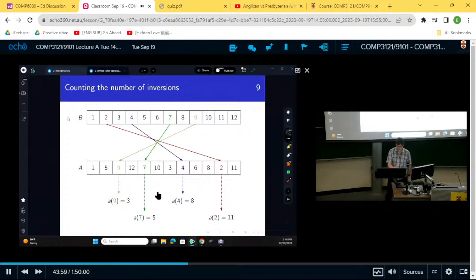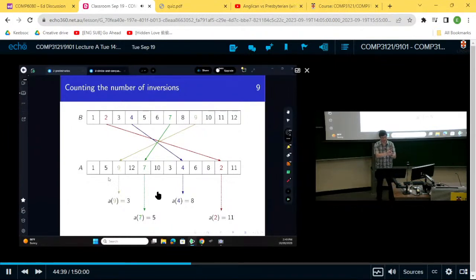For user B, the first movie is movie number 1, second movie is movie number 2, etc. And for each of these movies in order, we look at what place user A ranked that movie. For the highest ranked movie of user B, user A agrees this is the highest ranked movie. For the second ranked movie of user B, user A says this is actually 5th in my ranking. So we have two lists, one for user B and one for user A.